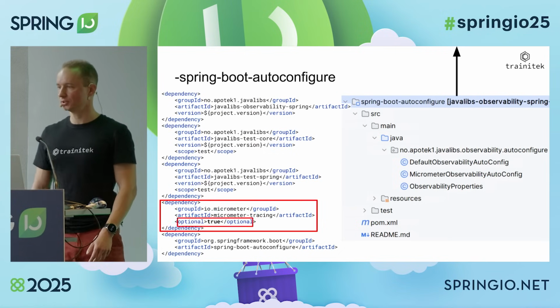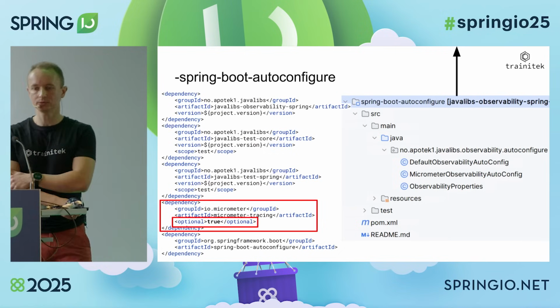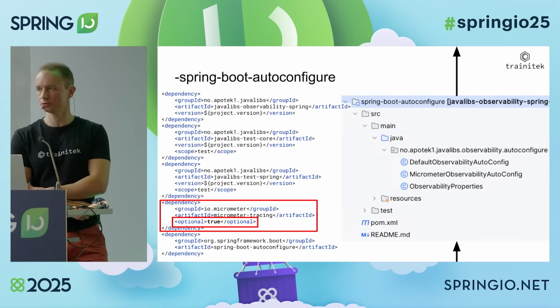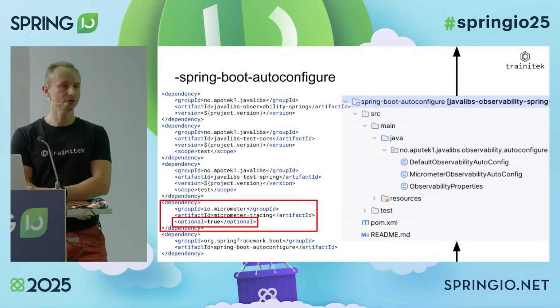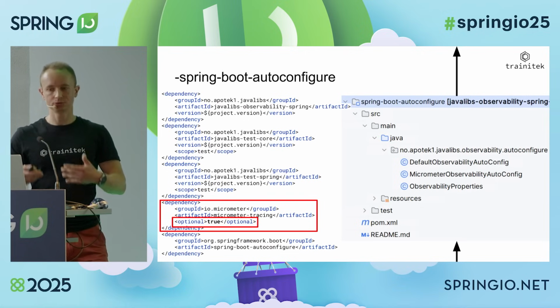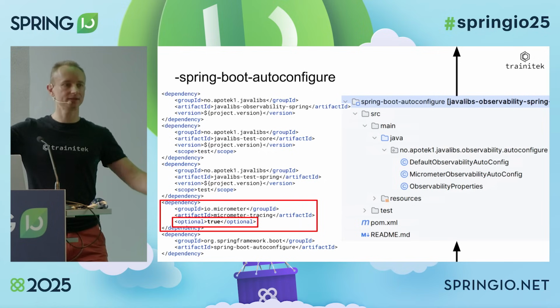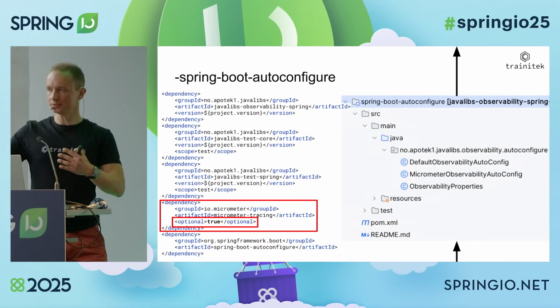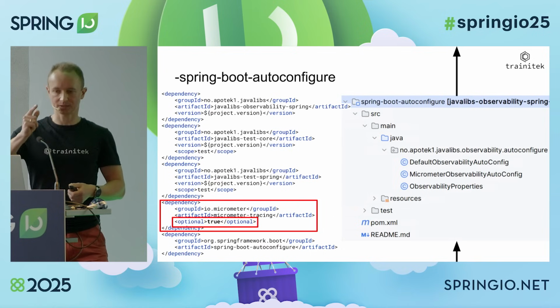And it's very important that when you put dependencies in the POM XML of your auto-configuration, they should be optional. Because depending on the choice, you don't want to bring all the dependencies with your auto-configure module. In some cases, a client project may choose micrometer.